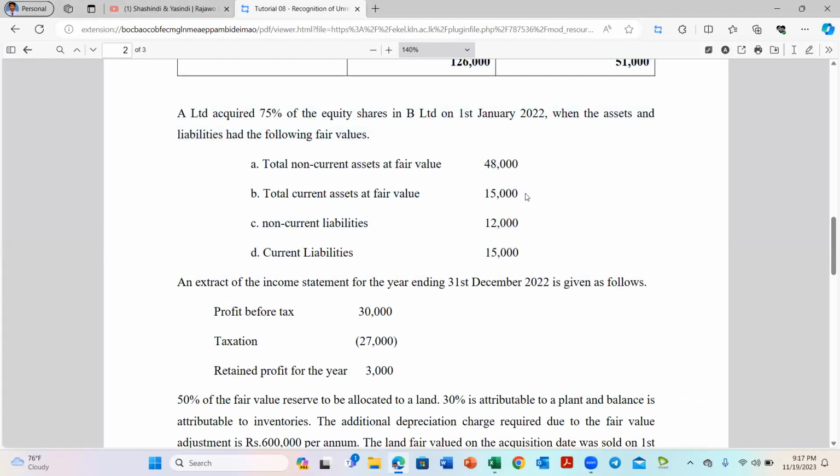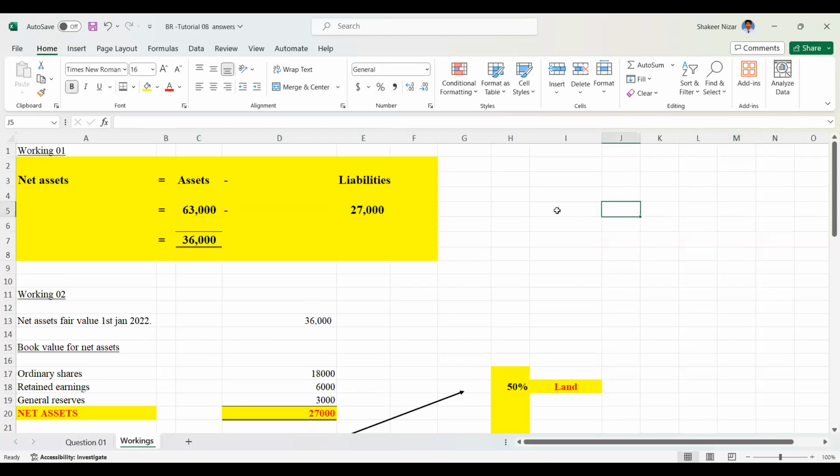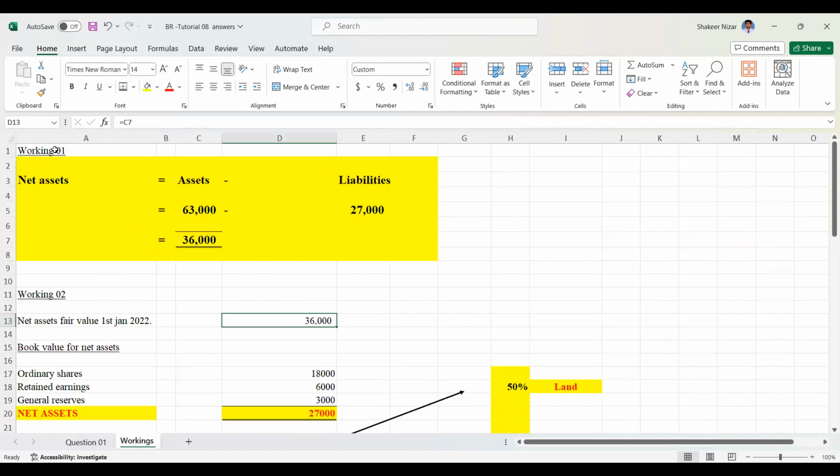So total assets are 48 plus 15, how much is it? 63, minus 27,000. We are getting 36,000 of net assets at the acquisition date, assets minus liabilities.